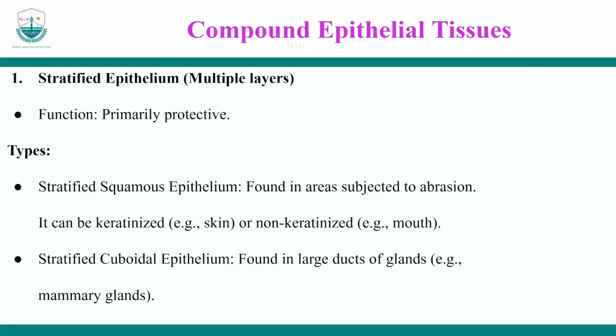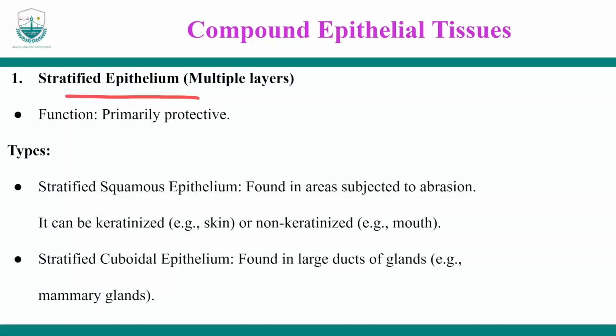So we move to the second broad category of epithelial tissues, and that is the compound epithelium. Here we're talking about many layers. The first type is stratified epithelium, and it can take different types depending on the type of cells that you have.